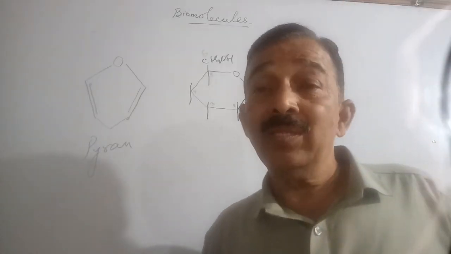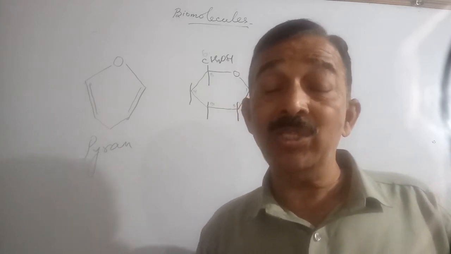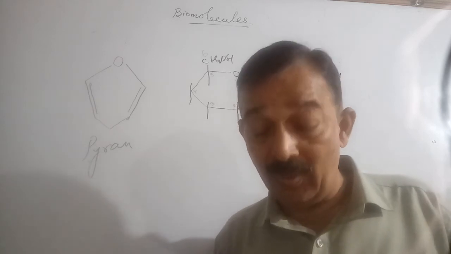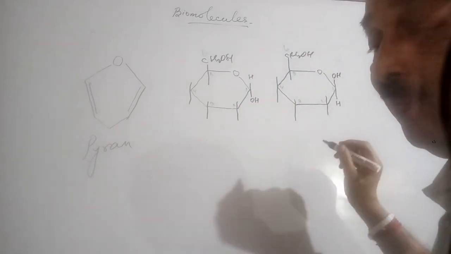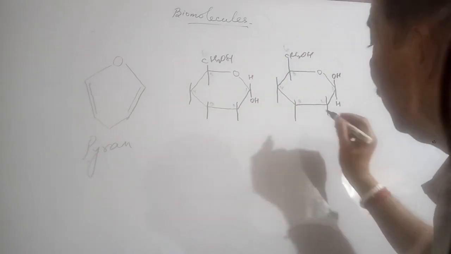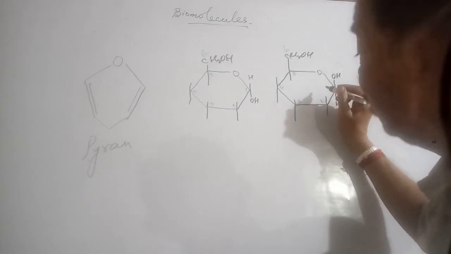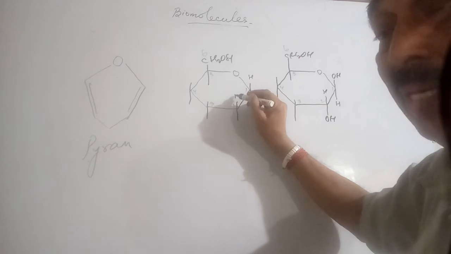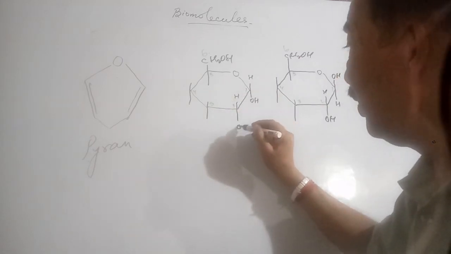The hydrogen atom and OH group differ only at carbon number 1, and the rest you see: at carbon number 2 it is H, OH, here also H, OH.